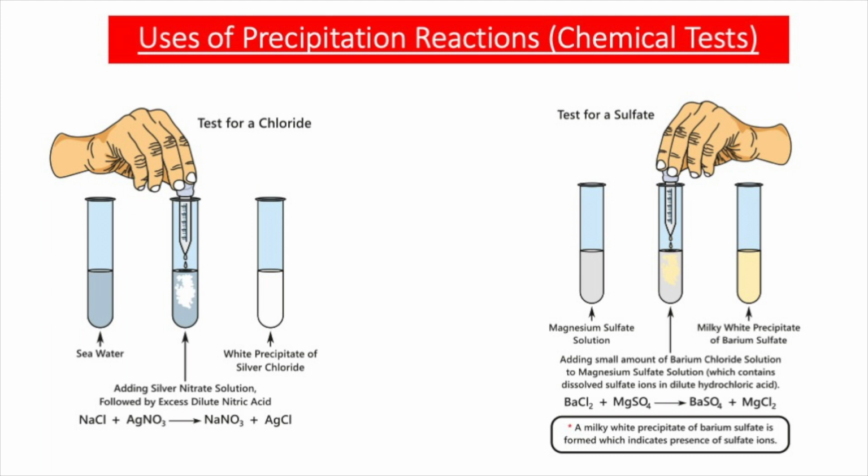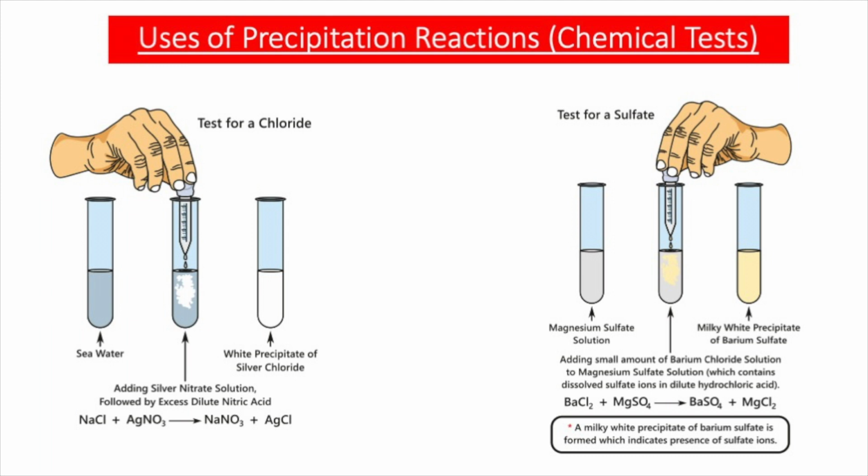And you can also use silver nitrate to test for a bromide ion and an iodide ion, because you would form silver bromide, which is a cream precipitate, and silver iodide, which is a yellow insoluble solid, a yellow precipitate.